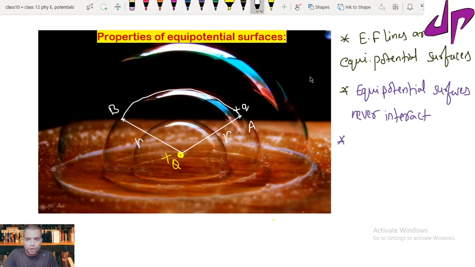The potential at point A is V_A equal to kq upon r, and the potential at point B is V_B equal to k capital Q upon r.